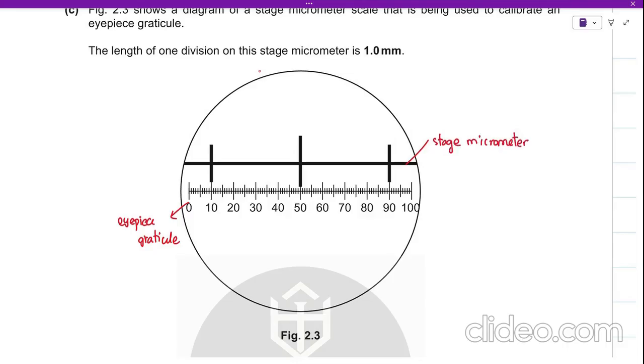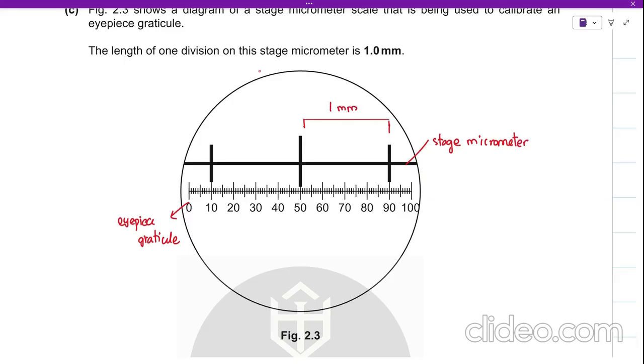Let me tell you one more thing, that most of the people are actually confused about one division. One division is the distance between two lines like these two lines, okay? So this is called one division. So this is actually 1 millimeter.